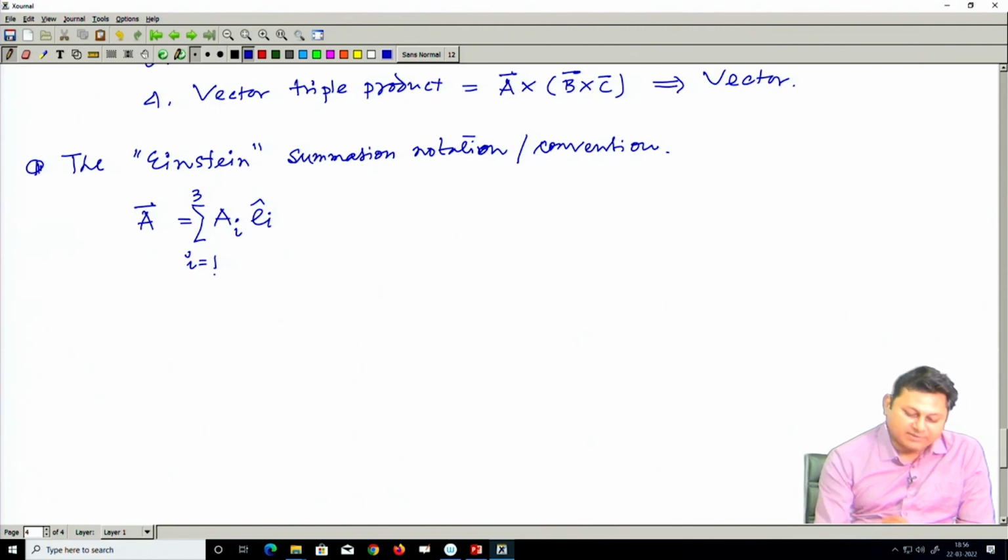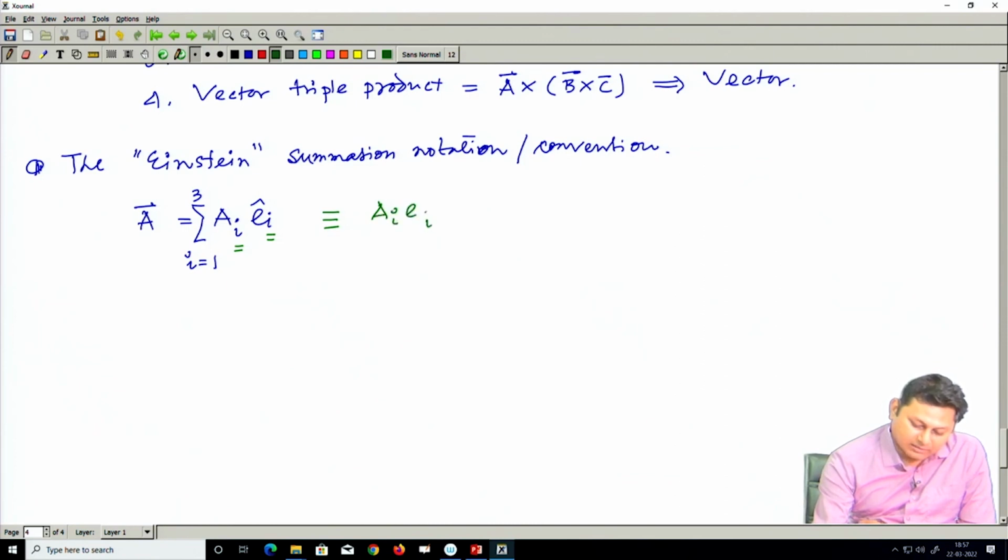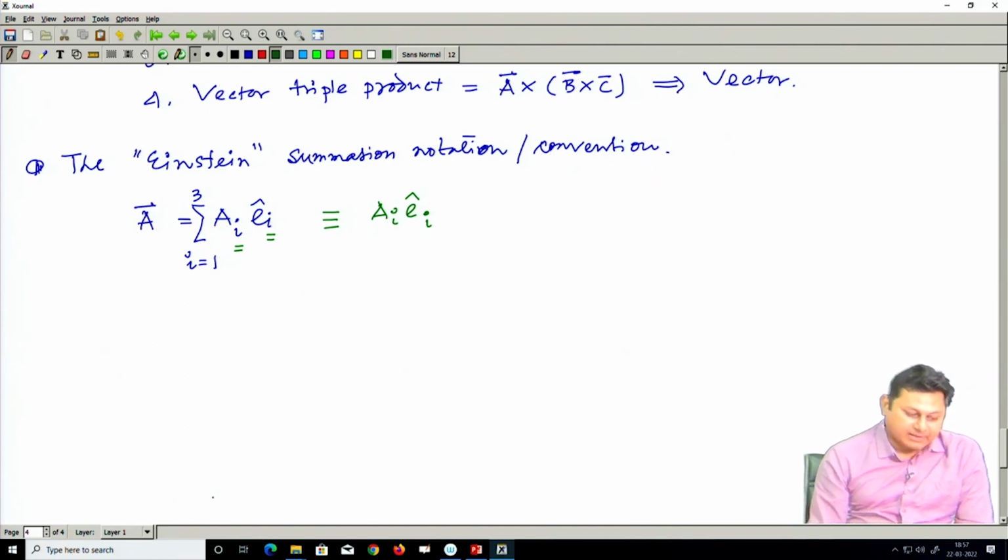Whenever we have a summation sign, and if we have indices which are repeated, for example here we have i and here also we have e_i, we can remove this summation sign. So, I can simply write A_i e_i vector. You can do that when you have repeated indices. Here i and i both are there, these are repeated.